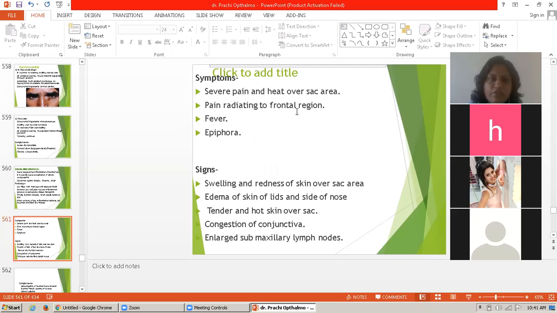So the symptoms of acute dacryocystitis are severe pain and heat over the sac area, pain radiating to the frontal region, fever, and epiphora.